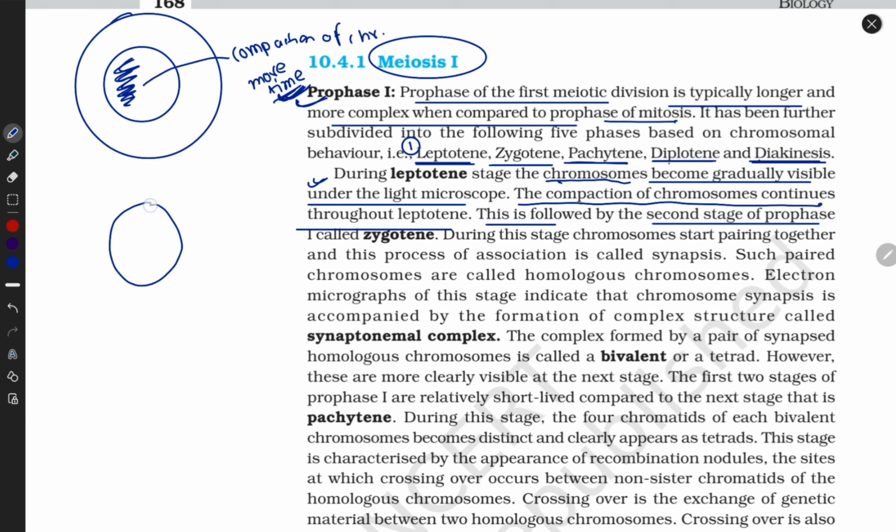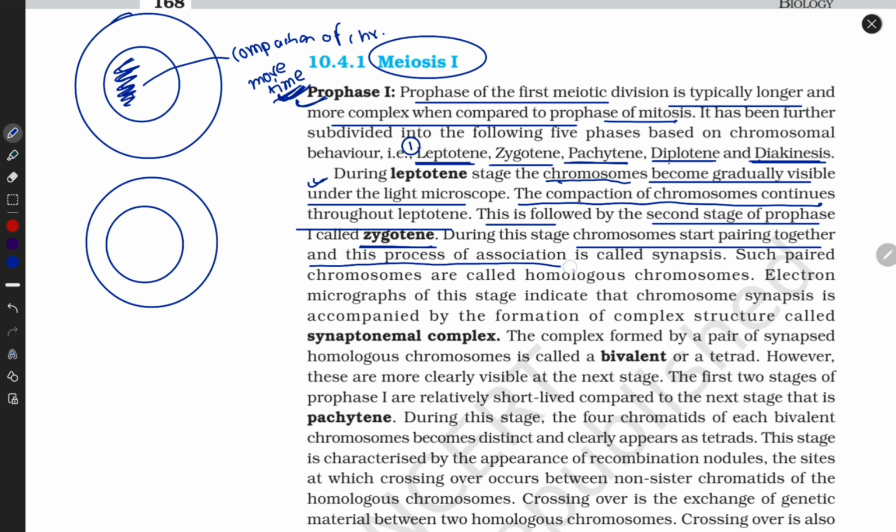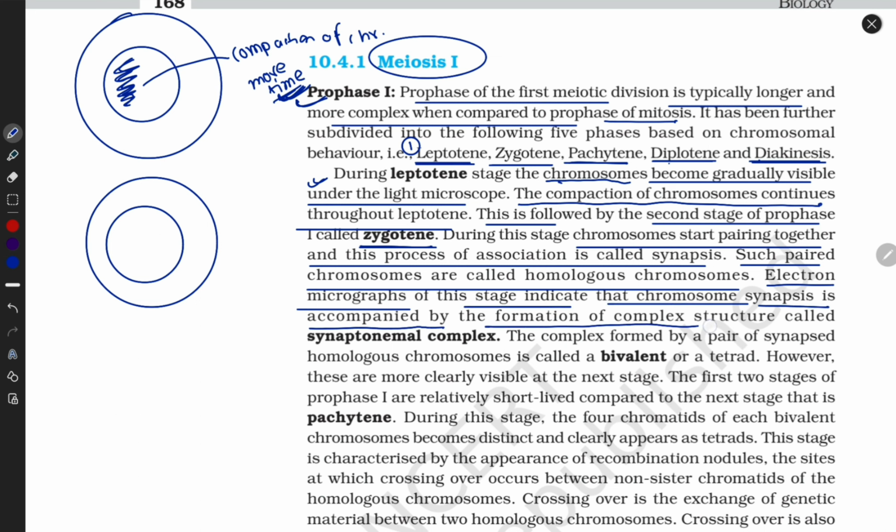Again I'm drawing: this is the nuclear envelope and this is the cell. Zygotene. During this stage, chromosomes start pairing together, and this process of association is called synapsis. Such paired chromosomes are called homologous chromosomes. Electron micrographs of this stage indicate that chromosome synapsis is accompanied by the formation of a complex, the synaptonemal complex.